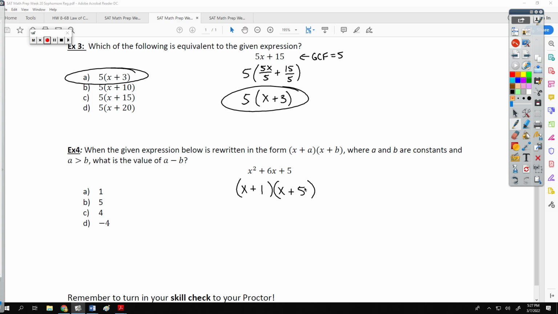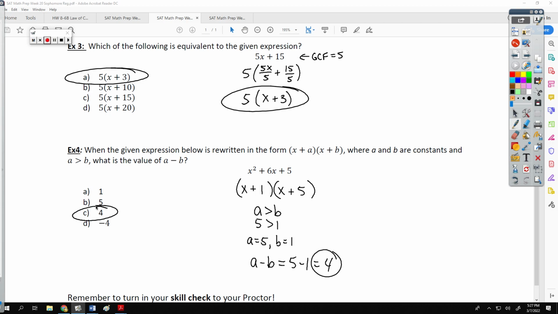So that trinomial factors into x plus 1 and x plus 5, which means 1 and 5 are a and b. Since a is greater than b and 5 is greater than 1, we know that a is 5 and b is 1. So then we do a minus b to answer the question. 5 minus 1 would be 4.